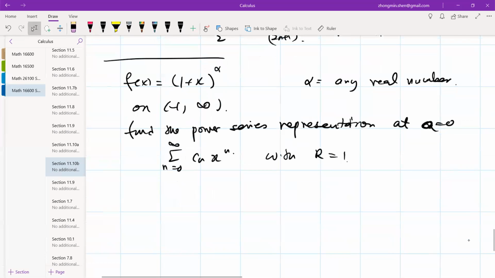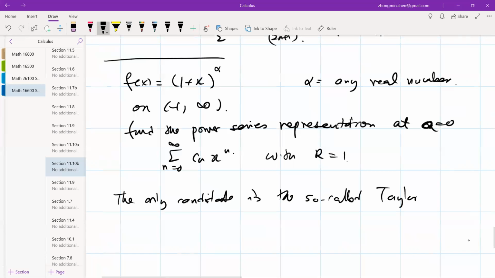We have to find the derivative. The derivative is not complicated, not difficult to find out. The only candidate is the so-called Taylor series, which is given by this.